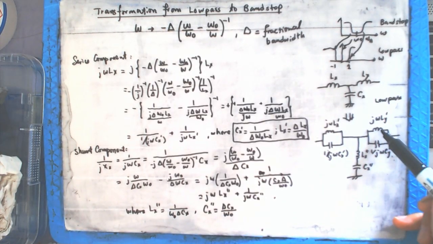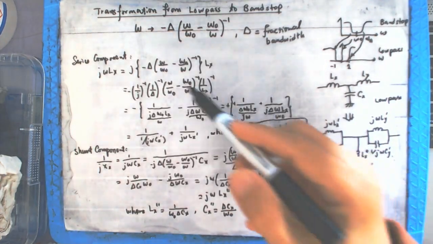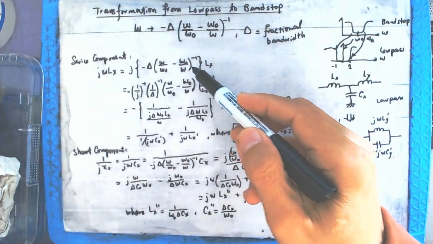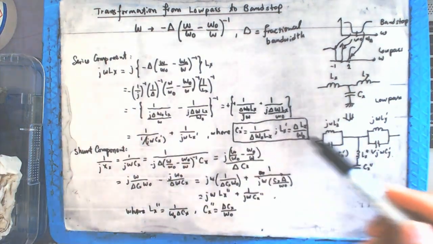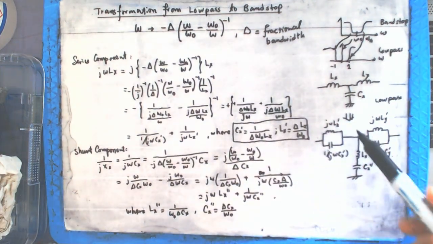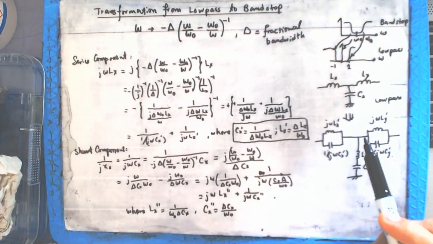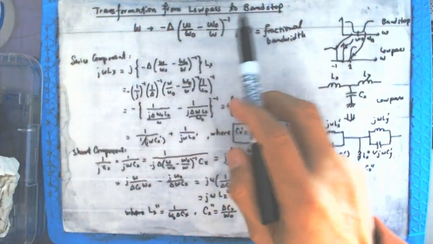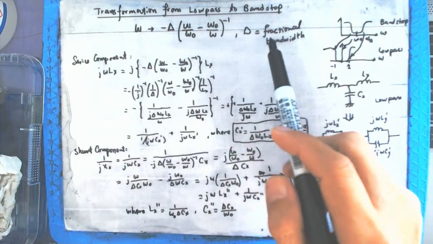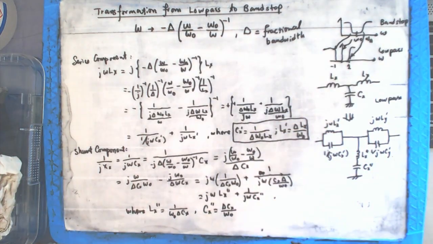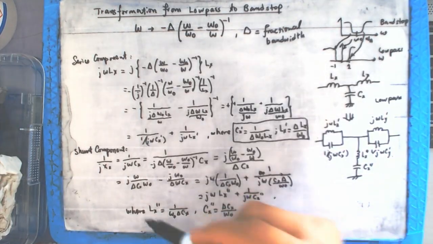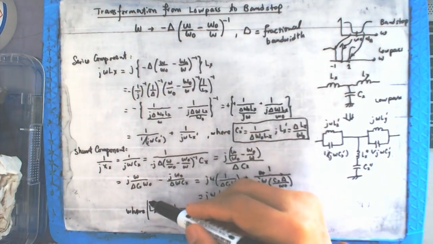So in other words, we have already resolved this, and this one is similar to what we have done for the series component. You just use this formula to replace, then you will get what you want for transforming the low pass into Bandstop filter. Okay, if you have any question regarding this methodology, please leave your question in the comment section of this video.